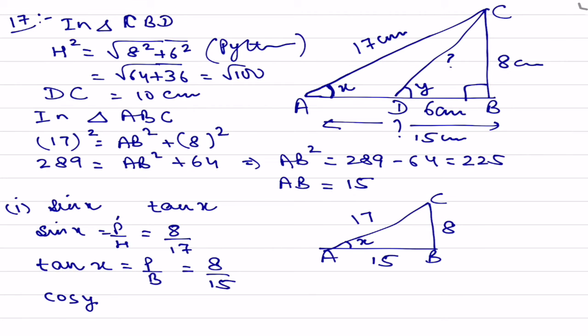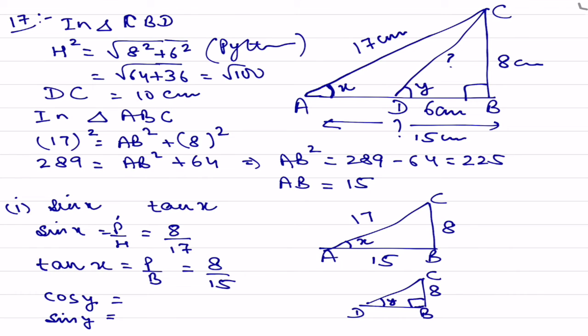Now the rest, we have to find out cos y and sin y. For y, we will consider which triangle in which y is the angle of elevation, that is triangle BCD. So here perpendicular is 8, base is 6, and hypotenuse we have already calculated, that is 10.